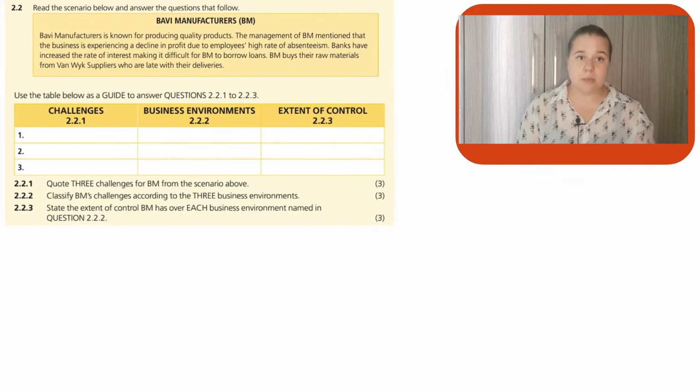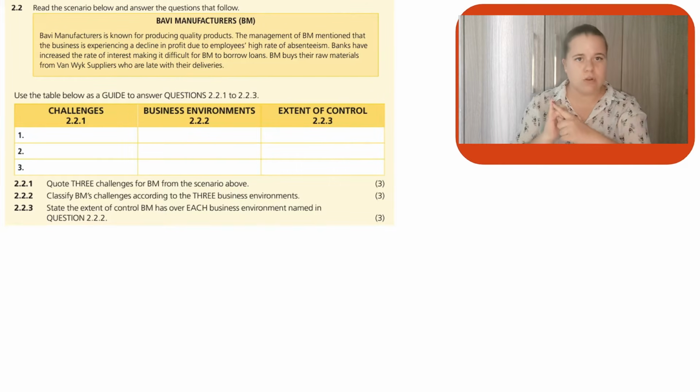All right. Then we get to the questions. The first question is asking us to quote 3 challenges for 3 marks. Then the second one's asking us to classify the challenge according to the 3 different business environments. Now when we talk environment, we're talking micro, macro, market. State the extent of control of every environment mentioned.